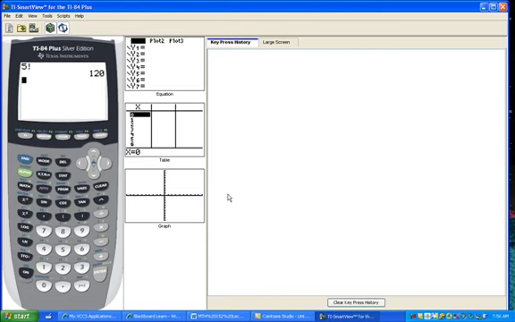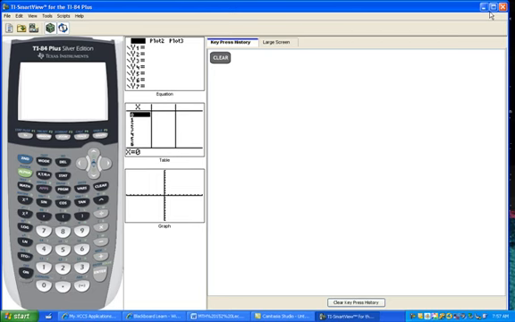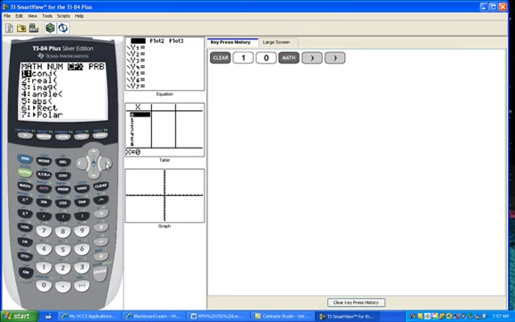Okay, over here to the left we have our calculator, and I'm going to clear it. And so let's see what our first one is. It's permutations of 10 taken 4 at a time. So what I'm going to do is I'm going to enter the 10, go to Math, then scroll across to Probability.